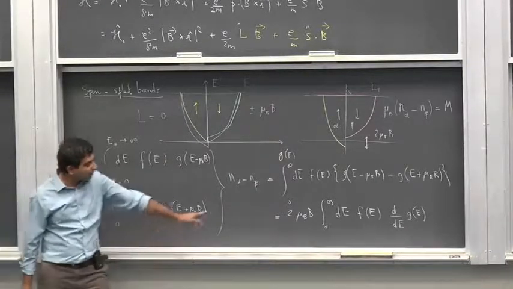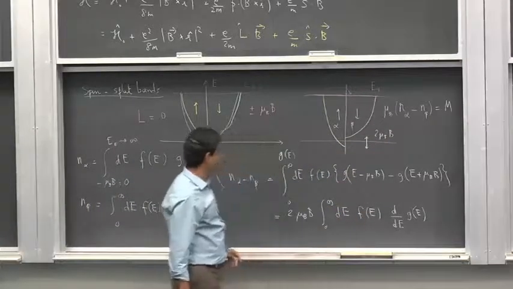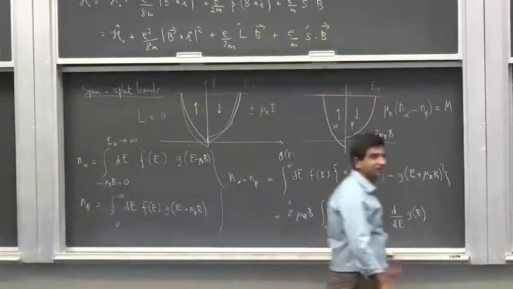Alright, so I have to compute this integral and then multiply it with mu B to get the magnetization. So let's compute this integral.